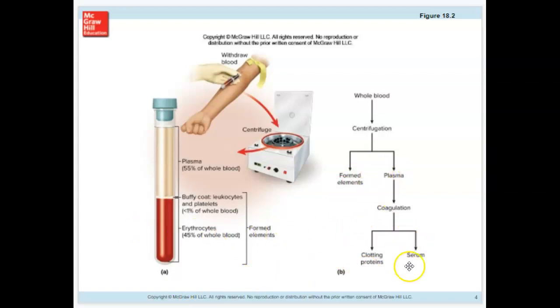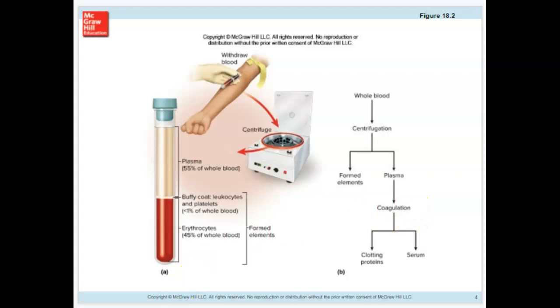Then we have serum when we remove all of these proteins in charge of the clotting of the blood from the plasma. Again, remember, in plasma we have three kinds of proteins. We have albumins, globulins, and fibrinogen in charge of clotting.